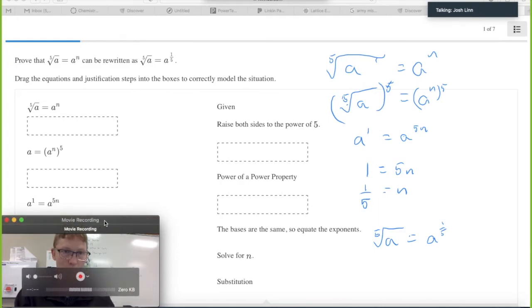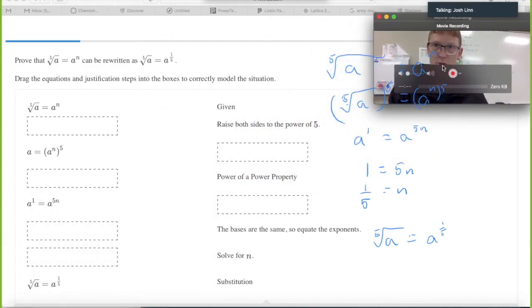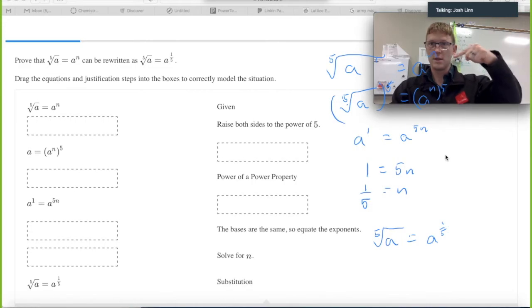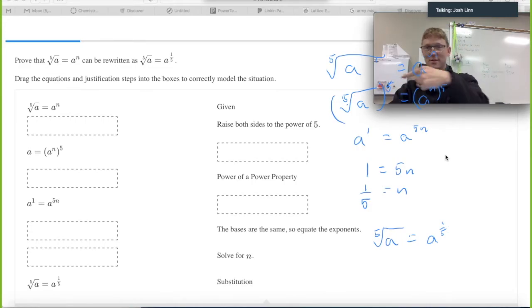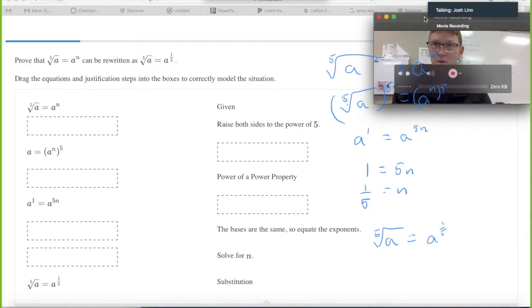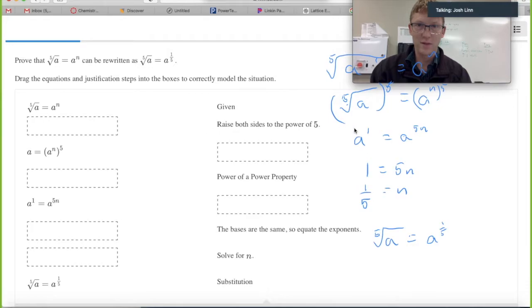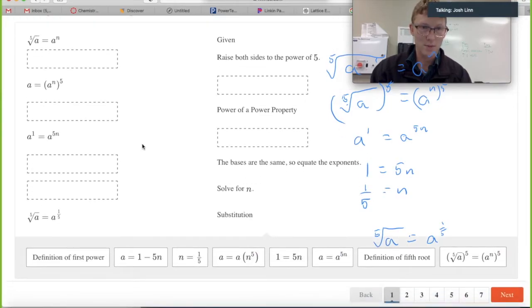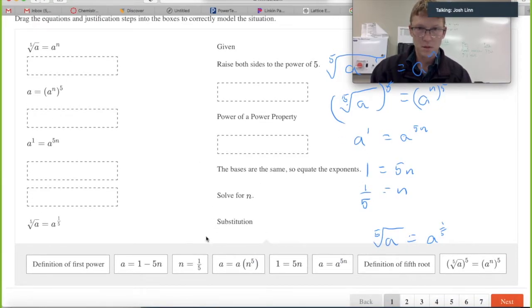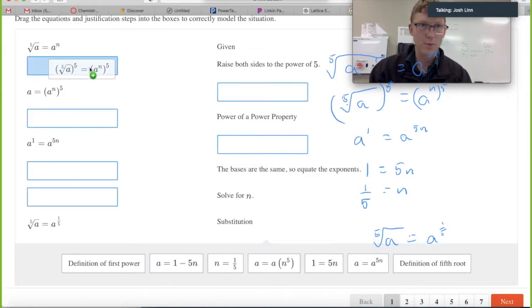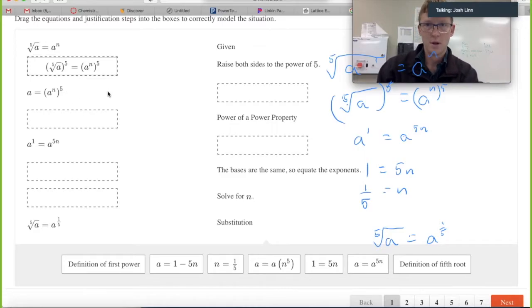Okay, so now look down there at your answers, and let's see which ones work. Okay, that's their given. Raise both sides to the power of 5. Where's our options? Here you go. This looks like both powers being raised to the power of 5.